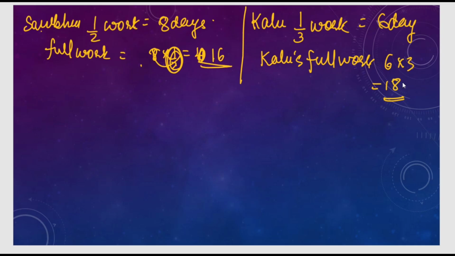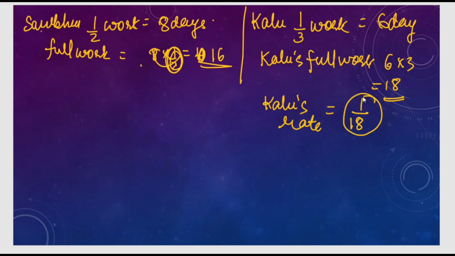Now see Kalu's rate. Kalu's rate of doing one work means 1 upon 18, work per day. Since this is Kalu's work per day, what will be Shambhu's work per day?